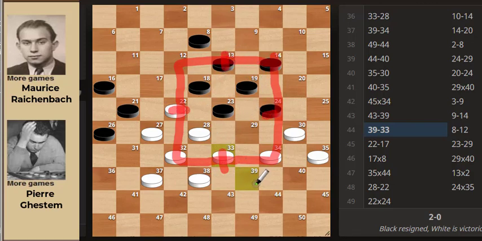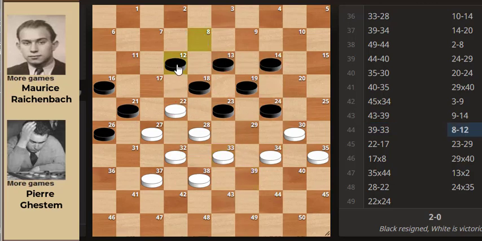Ghestem moved his piece from square 39 to square 33. So that's the move he made. And then the move was answered by Morris playing 8 to 12.